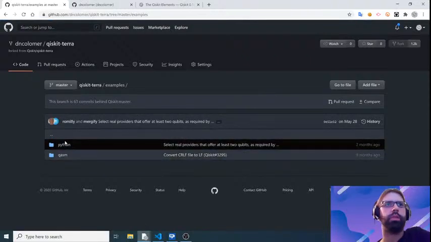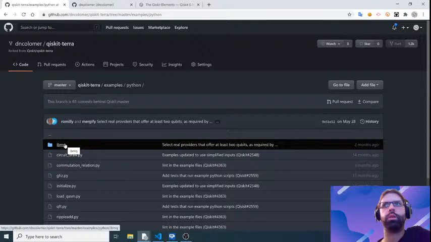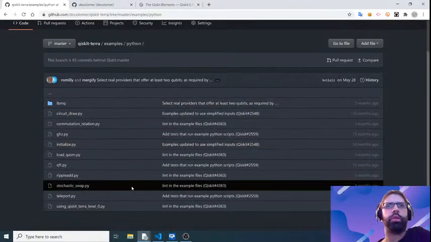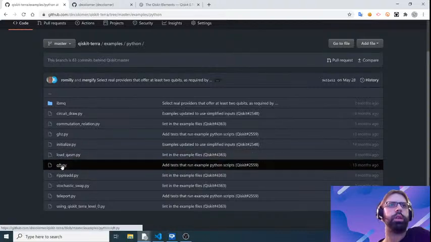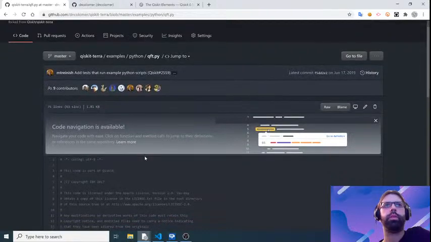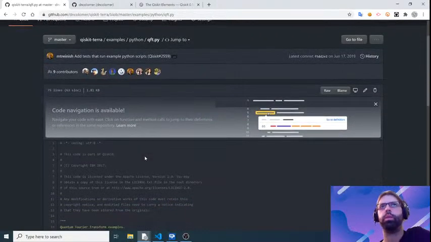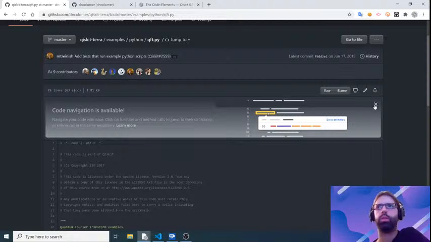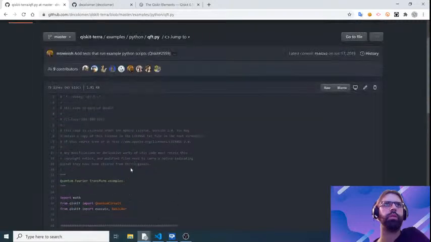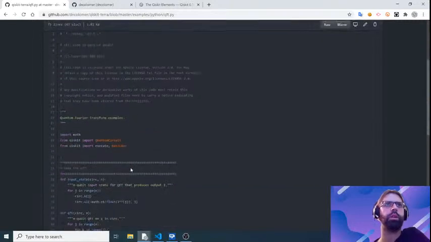Python, QASM, circuit draw, initialize, QFT. Code navigation is available. Oh, really? So you can actually navigate to other parts of the code. Okay, interesting.